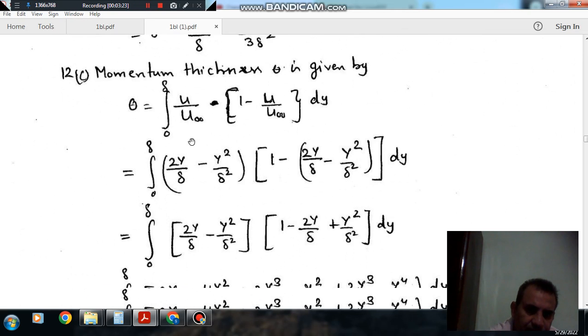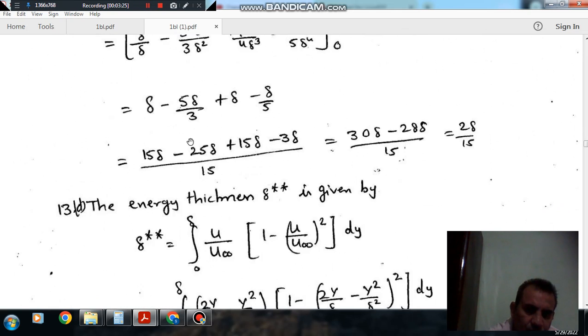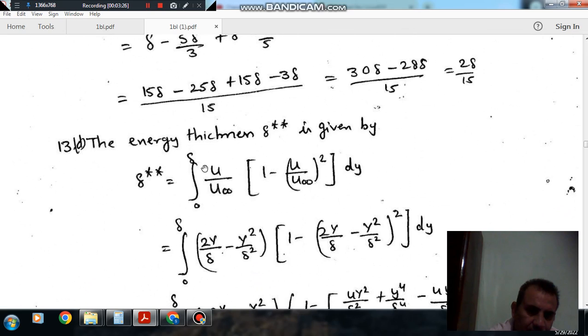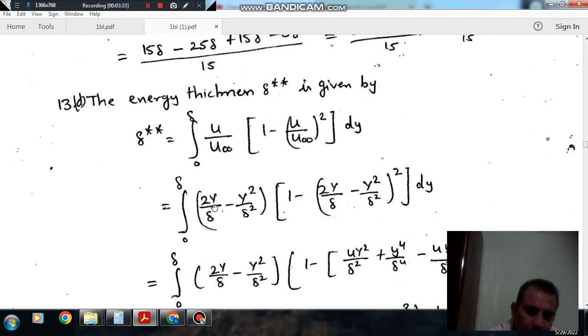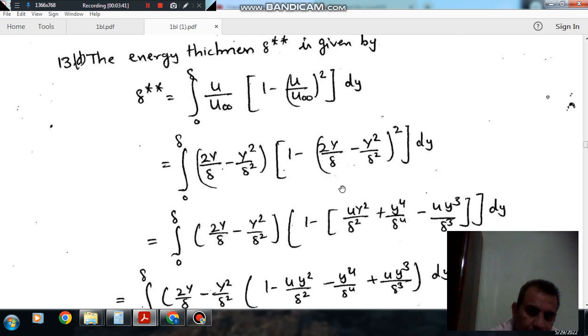Next one is energy thickness. So energy thickness is given by delta double star, the integral of u by u infinity bracket 1 minus u by u infinity square dy, and it will be 2y by delta minus y square by delta square, times 1 minus 2y by delta minus y square by delta square, whole square.